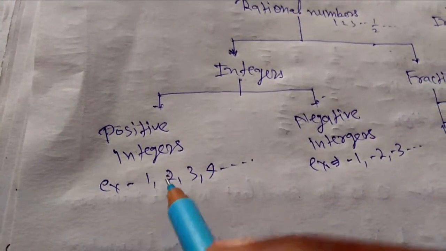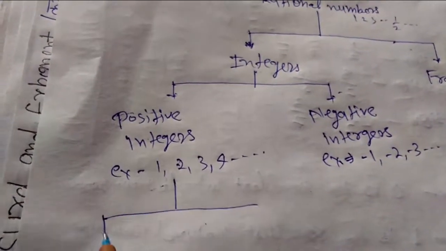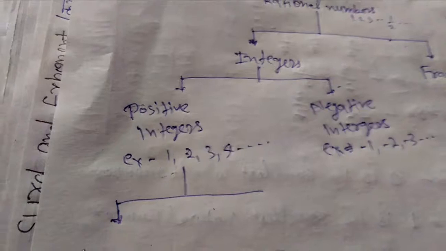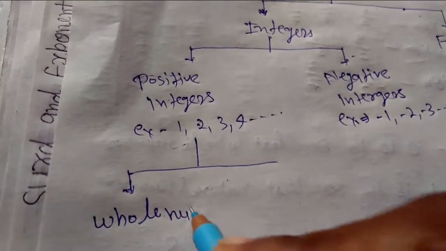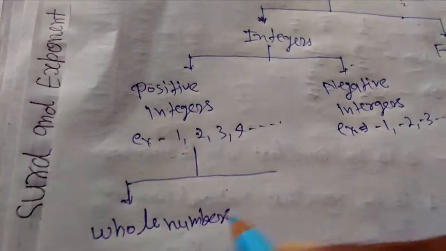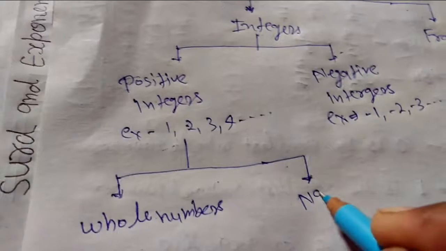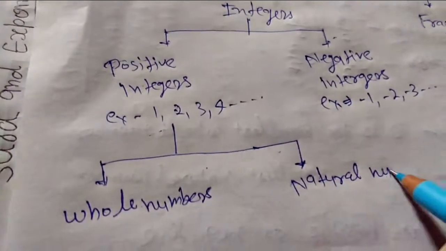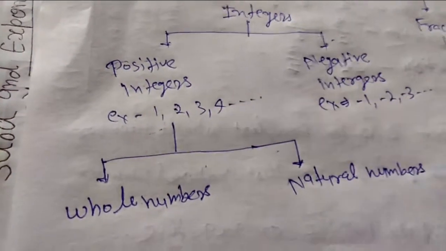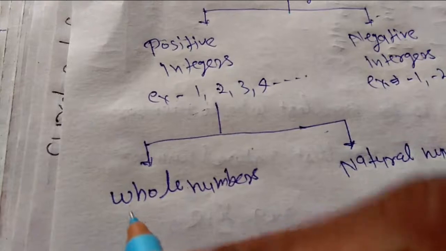Now positive integers are further classified into two categories. First one is whole numbers and second is natural numbers. Whole numbers are those numbers which start from 0.